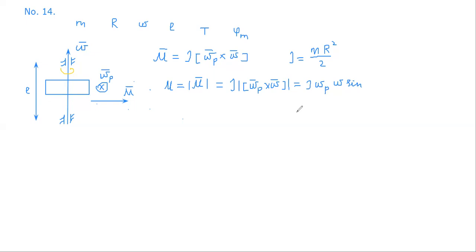And what is the angle between these vectors, between omega p and omega?